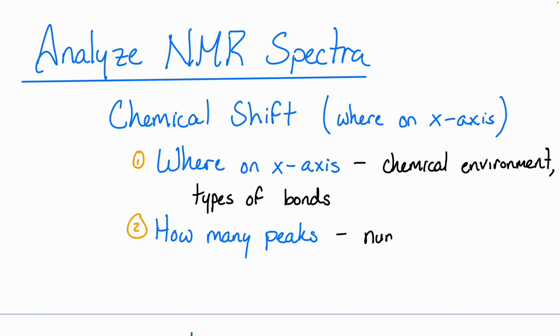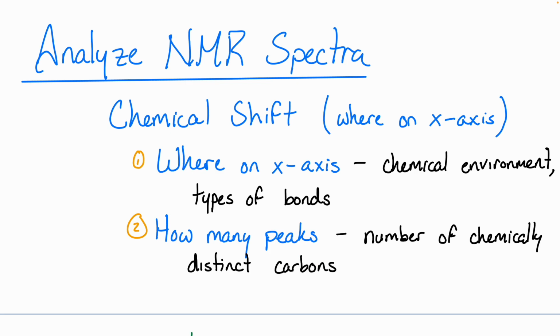This tells you the number of what we're going to call chemically distinct carbons in your molecule. By chemically distinct, we mean a completely unique chemical environment. We're going to take a second and talk about how we spot chemically distinct carbons in a molecule.